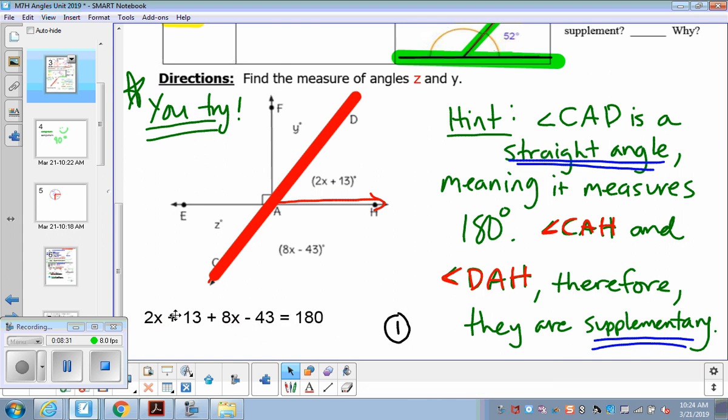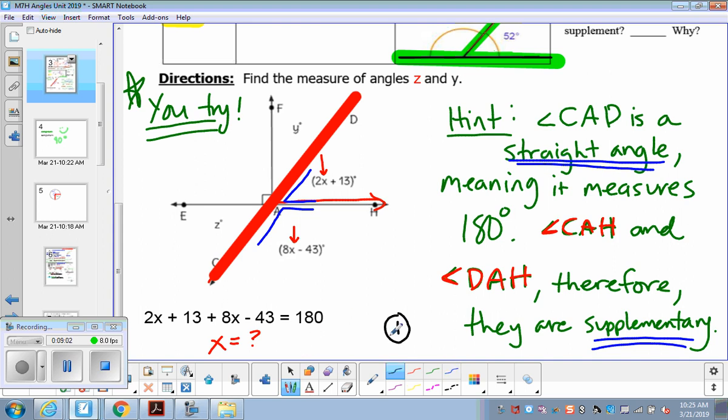Now, we know how to combine like terms, and we know how to solve for x, and the idea is that if we do this, we'll now know what x equals. No, I'm not going to tell you what x equals, but if you solve this equation to find x, you can plug it in here, and you can plug it in here, which means you can then tell me the total number of degrees that this angle is, and you can tell me the total number of degrees that this angle is.